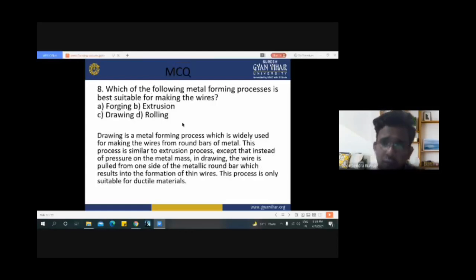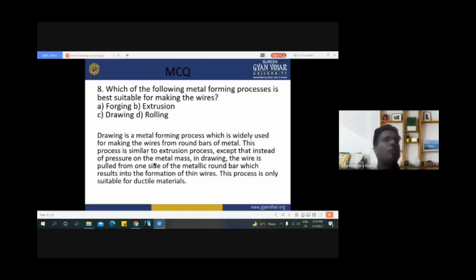Another multiple choice question is: which of the following metal forming processes is best suited for making wires? We have seen in the previous slide that wires and tubes are made only by the drawing process. Here is the explanation of the above question.